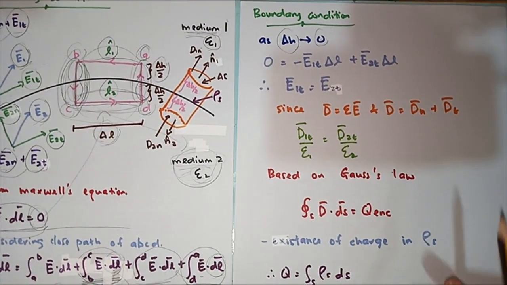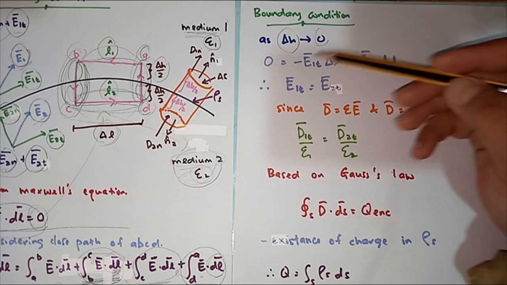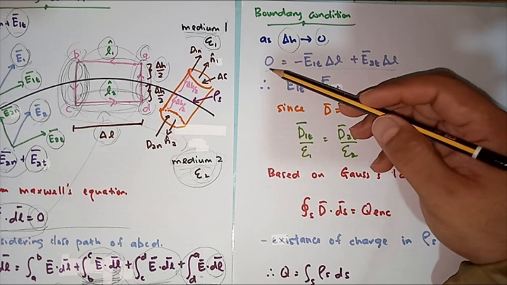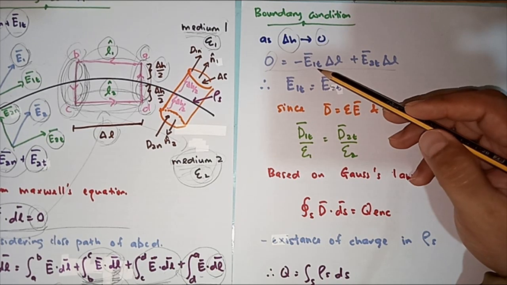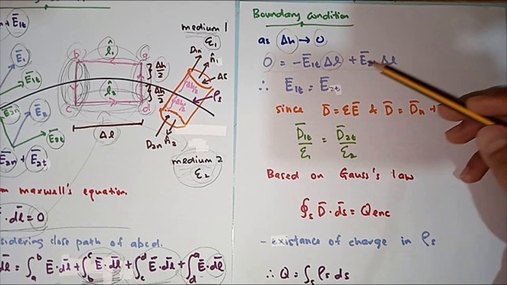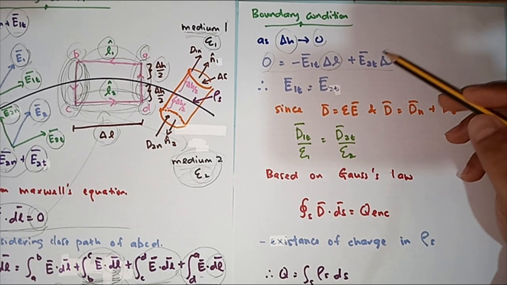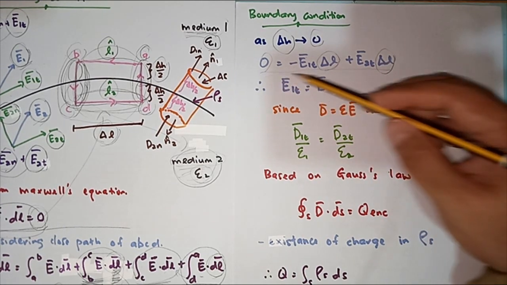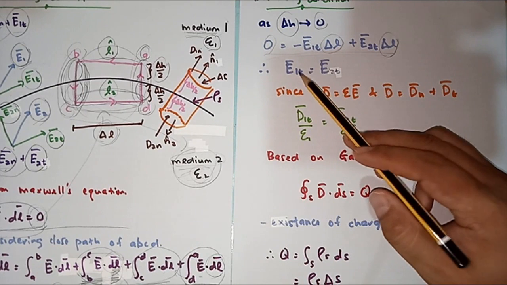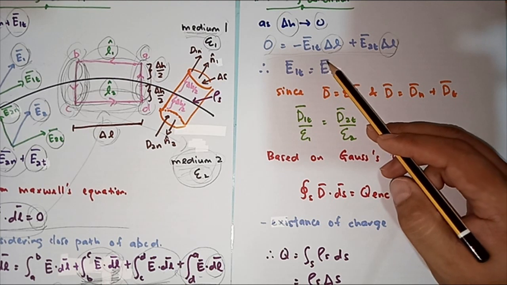Therefore, the solution for the Maxwell equation that I just showed is 0 equals minus vector E1t delta L plus vector E2t multiplied by delta L. If we solve this equation, we will have vector E1t equal to vector E2t.